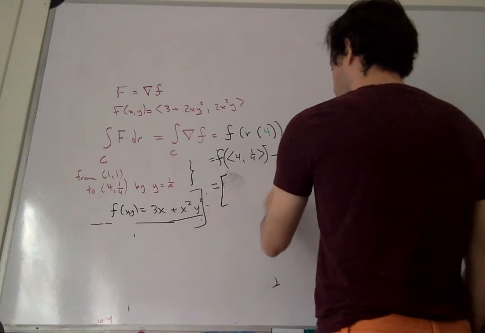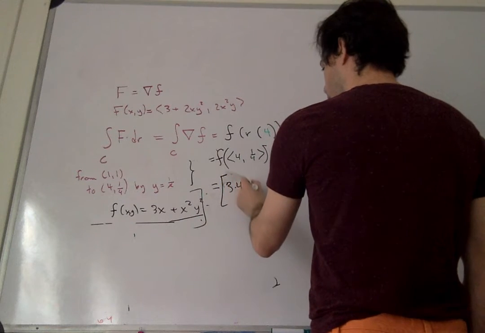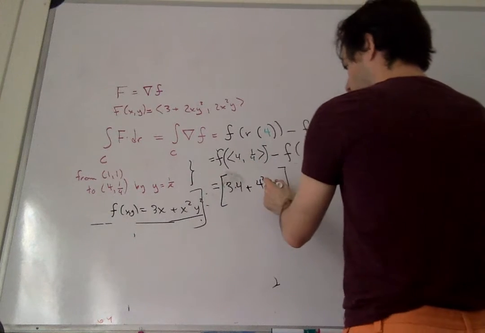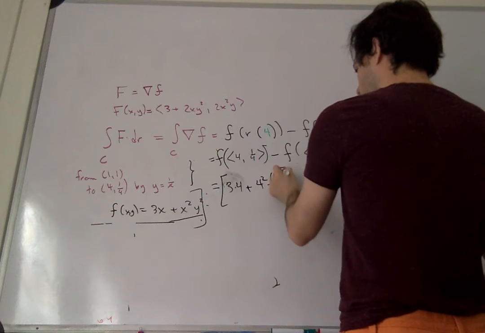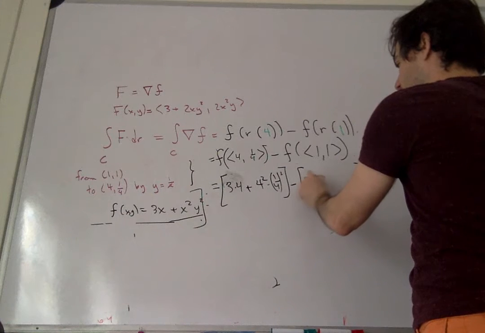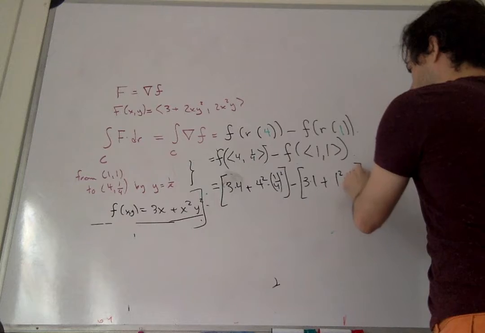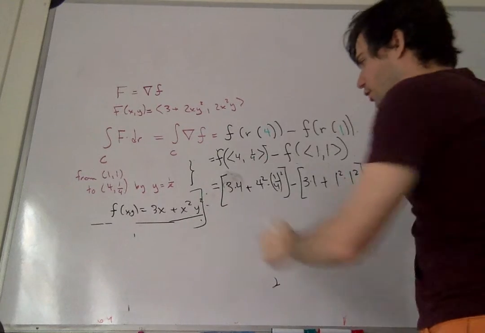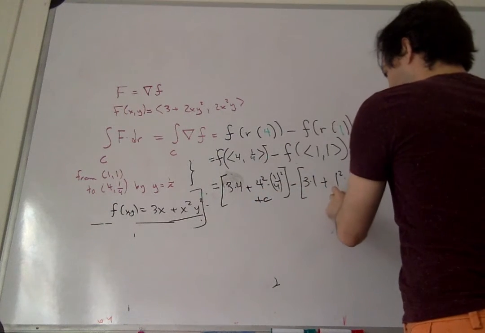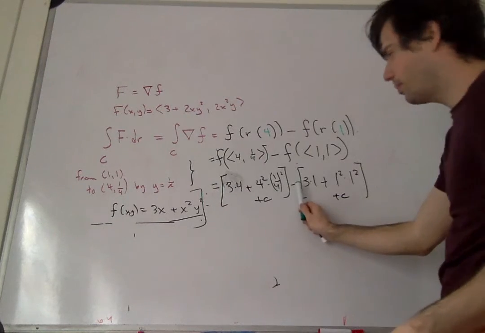So this will be 3 times 4 plus x squared, which is 4 squared, times 1 over 4 squared, minus 3 times 1 plus 1 squared times 1 squared. Of course, if we had the c, we put the c up here, say plus c, it doesn't affect anything because there's this minus sign.